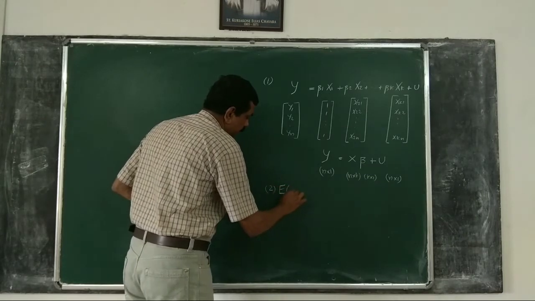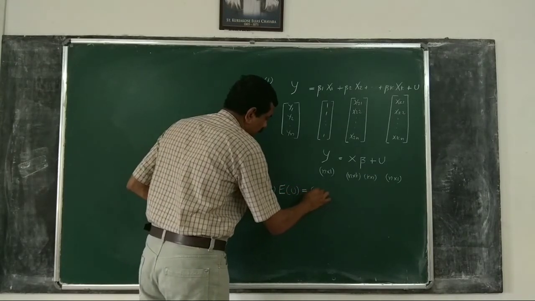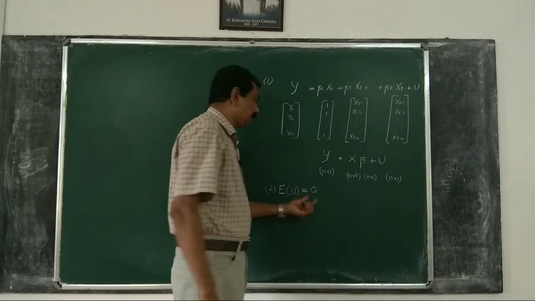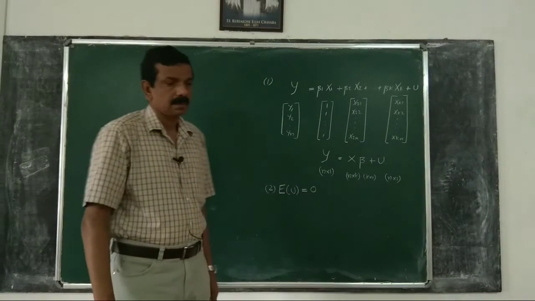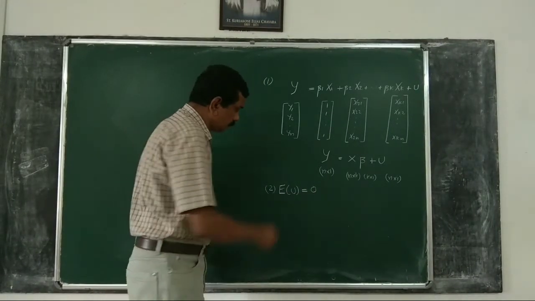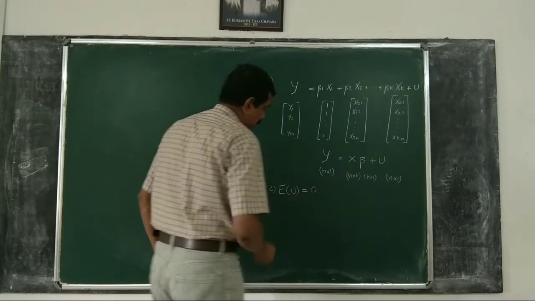The second assumption is expected u equal to a null vector. That means u is a vector.